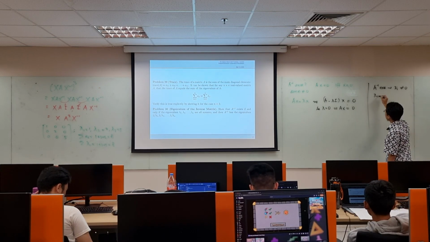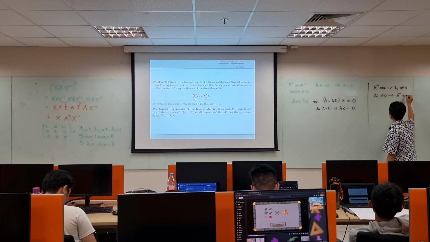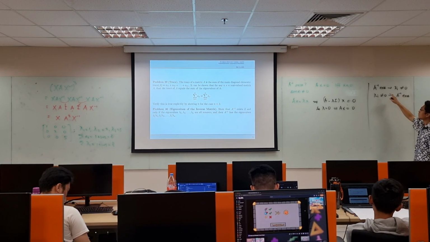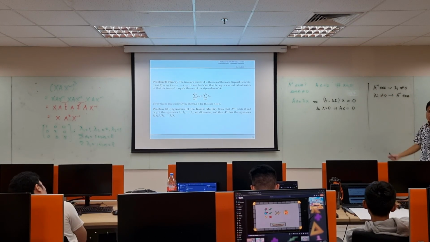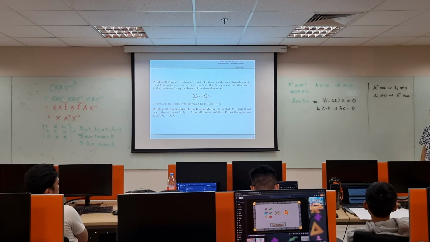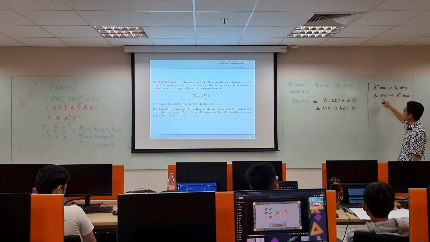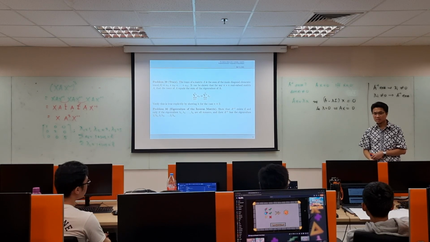Then if lambda I non-zero, it means A inverse exists. So we have to show both ways. Now I will show this one first. If lambda I non-zero, it will result in A inverse exists.